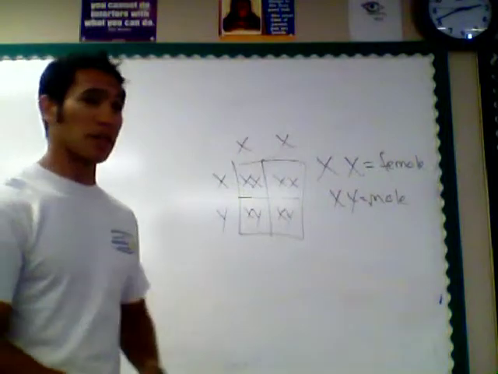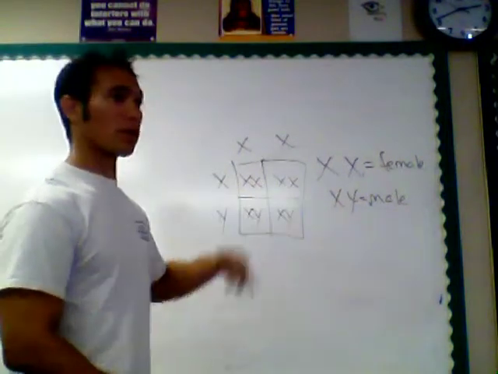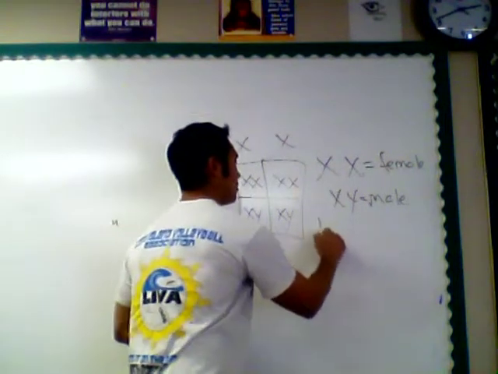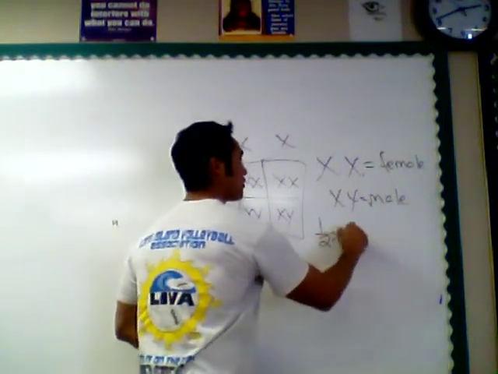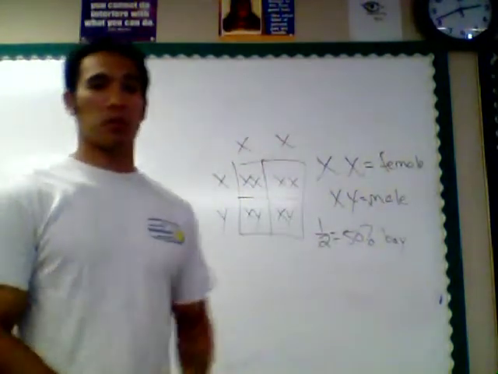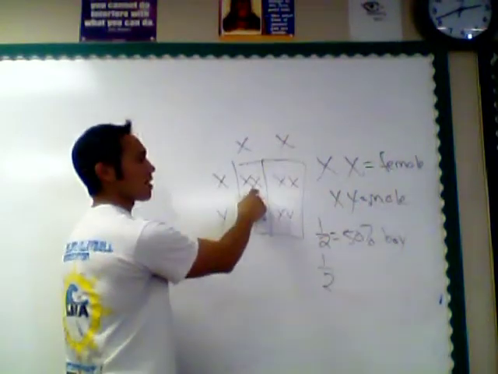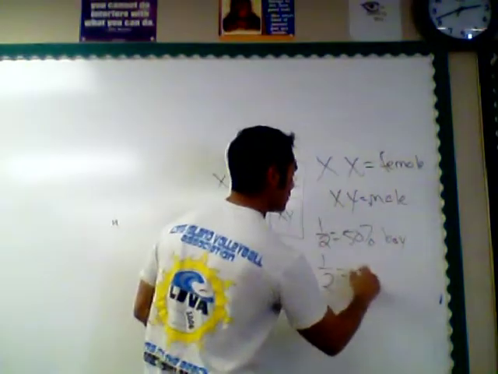So what is the probability of a boy being born? Well, that is 2 out of the 4 boxes, or 1 out of 2, which is a 50% chance of a boy, and then 50% chance of a girl, 1 out of 2. 2 boxes have XX, 1 out of 2.